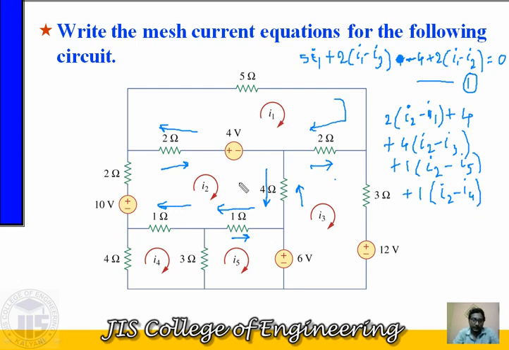Now we are moving to the negative terminal of the source, that's why we can write minus 10. Then again we are going to this 2 ohm resistance, now there is plus 2, the current is only I2, no more current is shared by this 2 ohm resistance, that is twice I2, and we are going back to the original starting point, so it equals 0.